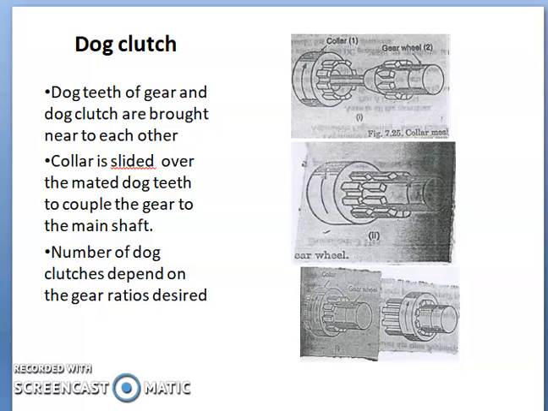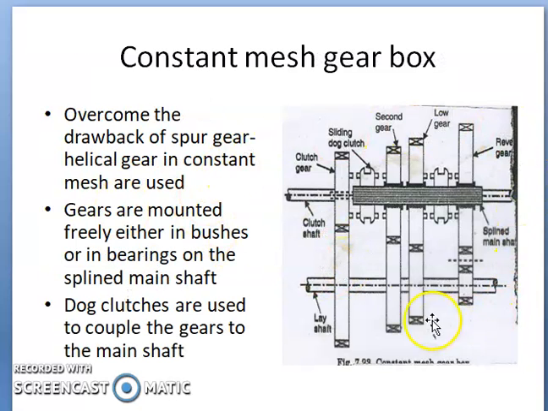So you can see, this is the position for neutral. Here none of the dog clutches are engaged. Both the dog clutches are in neutral, and the power from the clutch gear directly goes to the counter shaft. Since no dog clutch is engaged, the transmission line does not rotate.